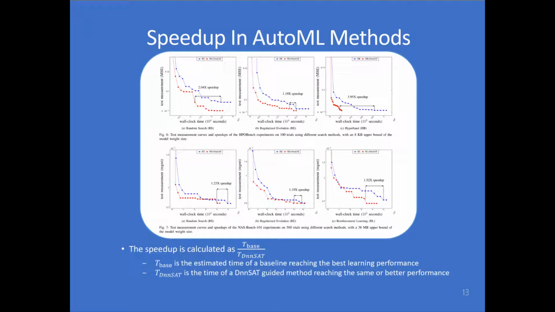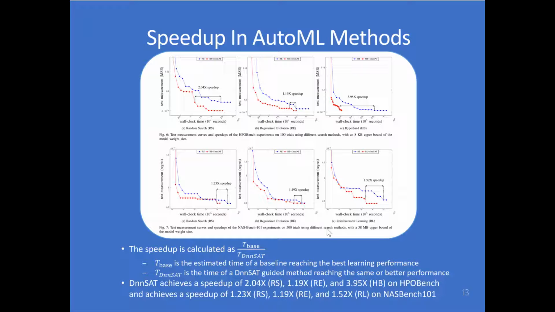The speedup is calculated as t-base divided by t-DnnSAT. Figure 6 demonstrates the test measurement curves of HPO-Bench. Figure 7 demonstrates the test measurement curves of NAS-Bench-101. The x-axis is the work clock time, and the y-axis denotes the test measurement value.